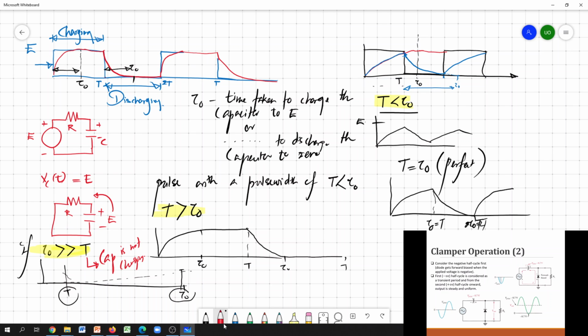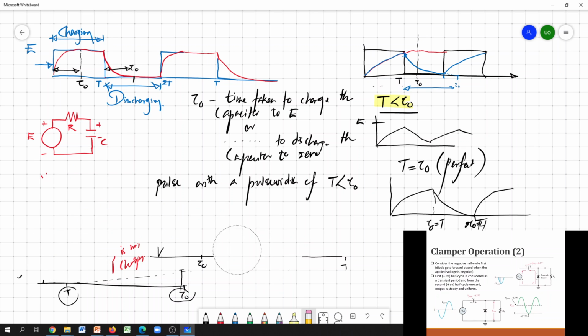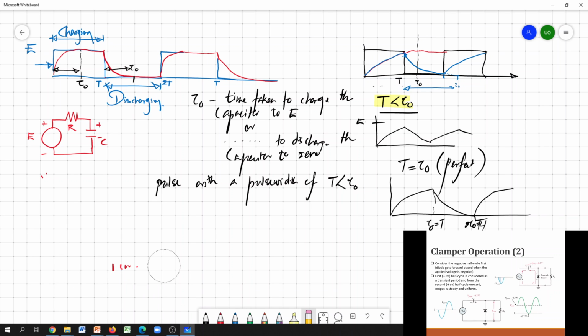Similarly, if you consider the discharging process, we can have the same argument. So during discharging, this is your tau naught.